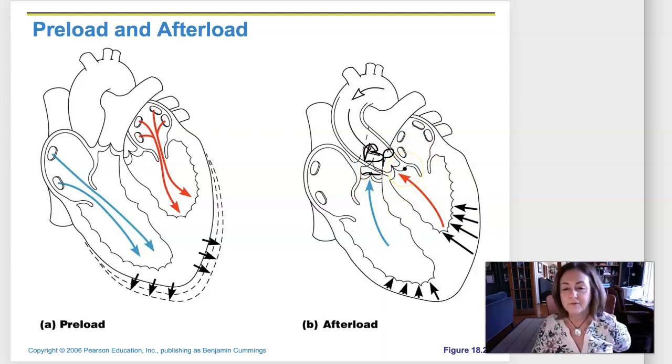So the amount of force that has to be exerted, you can imagine, starts to take away from the cardiac output. So in other words, if somebody had a high blood pressure, I have to use more energy to contract the ventricles to overcome that pressure to get the semilunar valves to open. That's going to detract from the cardiac output.